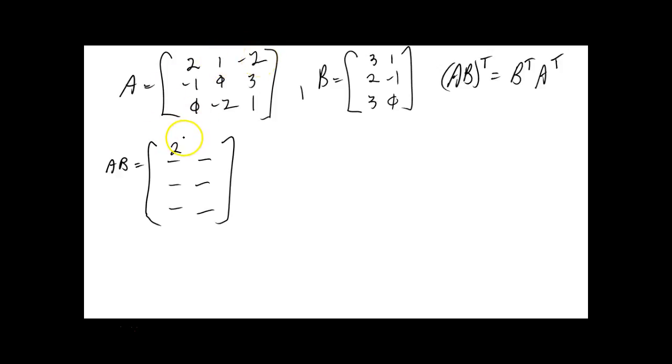Next. Which way are you going? Across or down? Across, okay. One. I want you to say 1. Okay. Six.